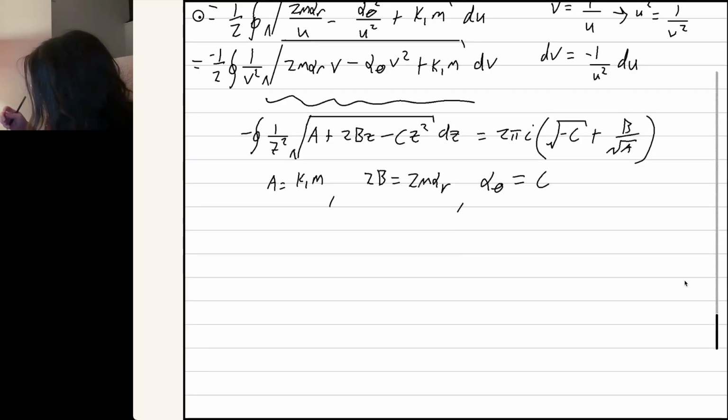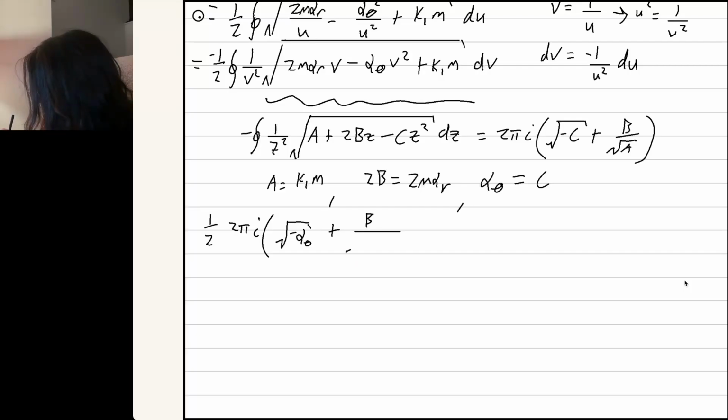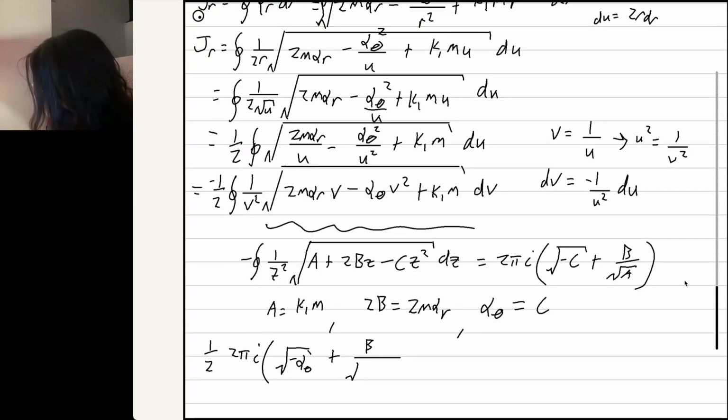Putting all that in, the integral will be all multiplied by 1/2 of 2 pi i, the square root of minus alpha theta plus b, divided by the square root. I think I made an algebra mistake way back.